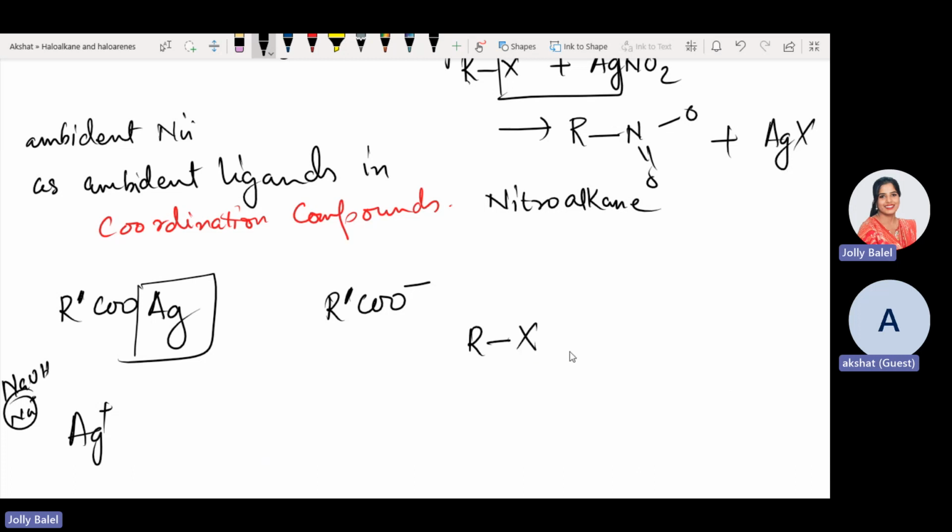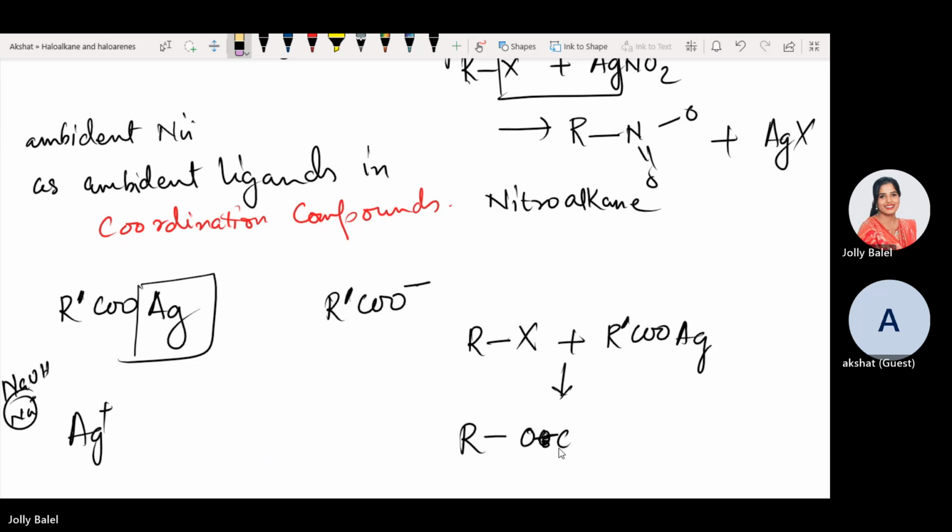So whenever any alkyl halide is reacting with R dash COOAg, what will be the product? R, this minus charge will attach first, COO, it will be R, O, C double bond O, R dash, plus AgX. This is your ester.